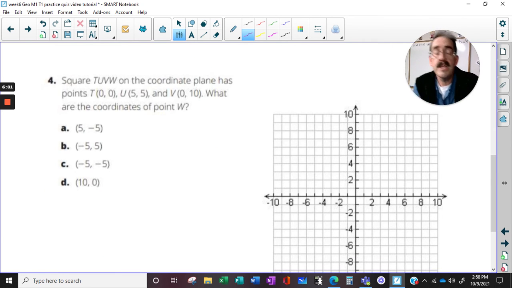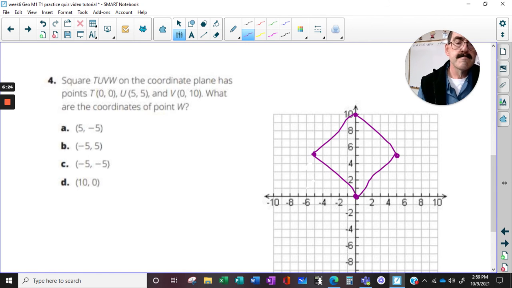Okay, square TUVW. T is 0, 0, U is 5, 5, V is 0, 10. What are the coordinates of W? Oh, 5. Bingo, bango, bongo. Negative 5, 5.